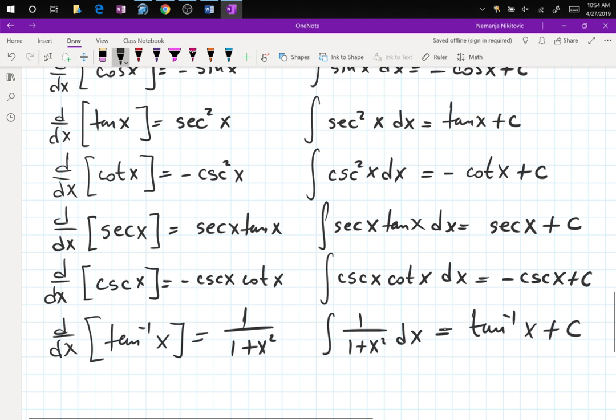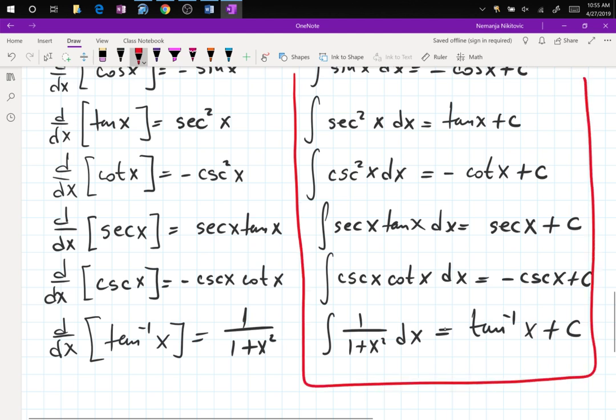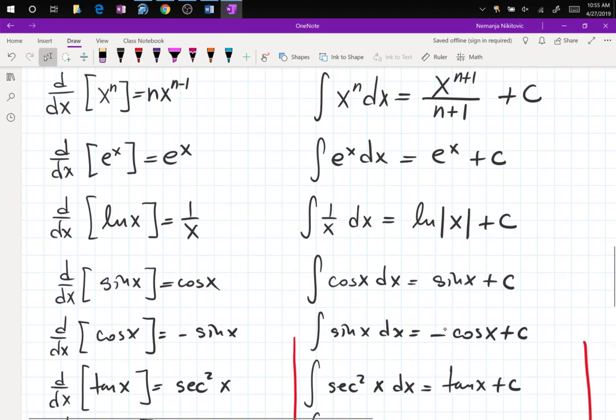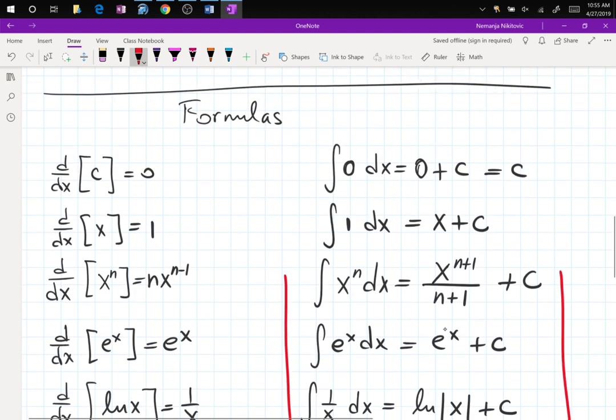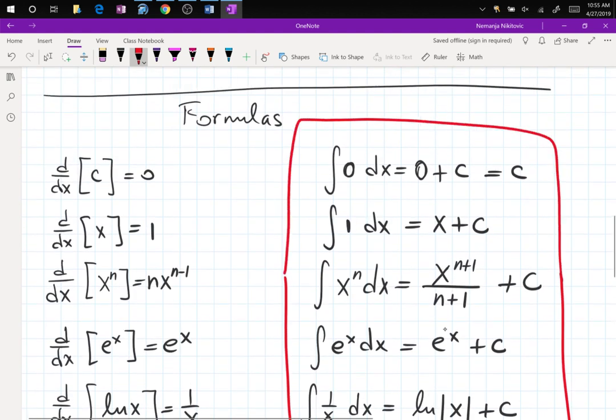So we now need to just take a look at a few of these things. I'm just going to box the integration side. And if you understand that integration is backwards derivatives.